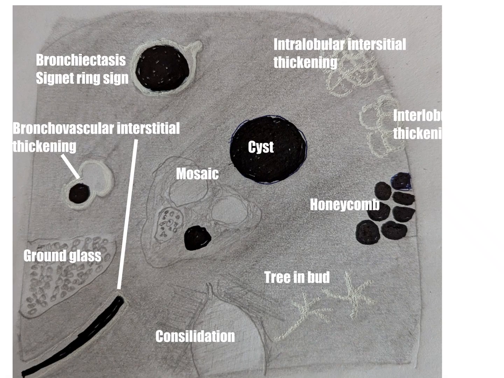This is a schematic representation of the CT findings. When you see lines lining the secondary lobule, it represents interlobular thickening or fibrosis of the interlobular septi.